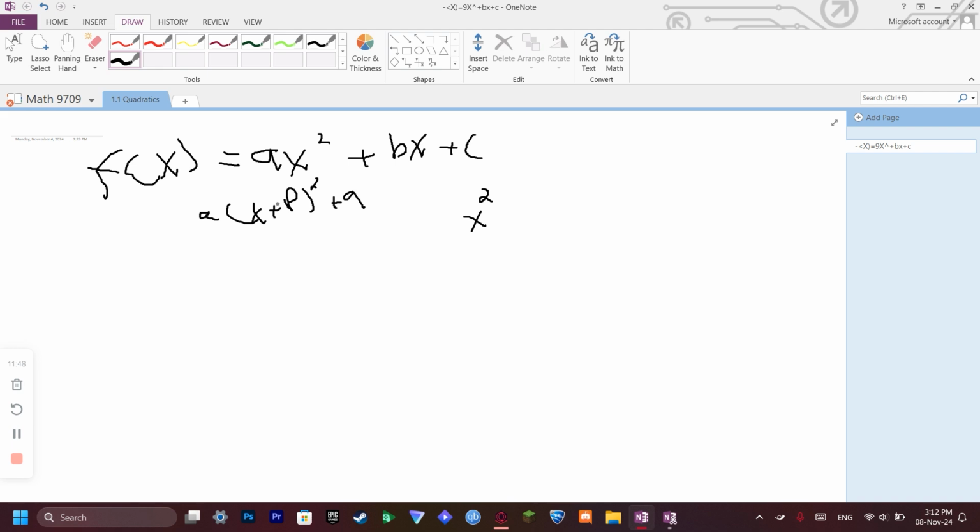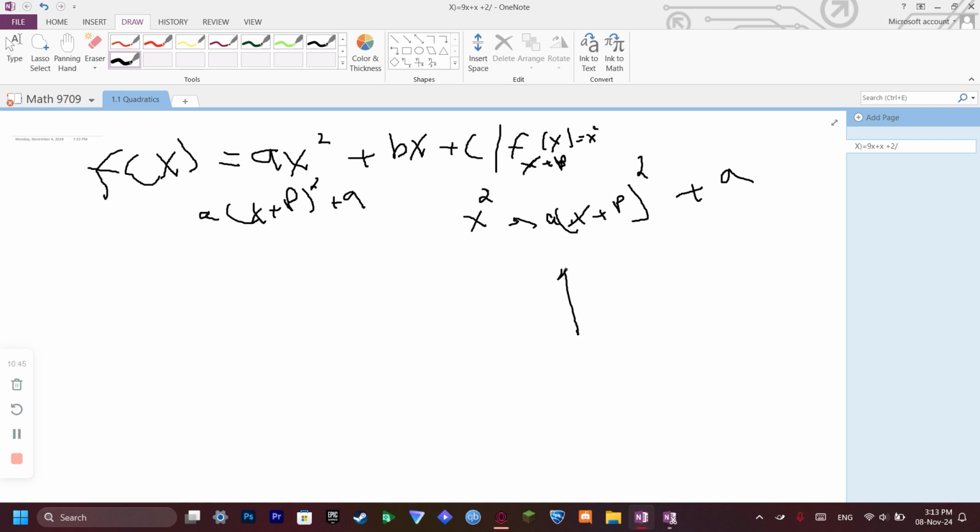Instead of x, it became x plus p, squared, and then you multiplied it by a, and then you added q. So if you have f of x equal to x squared, instead of me putting x, I put x plus p.